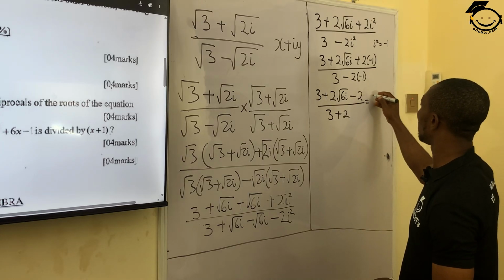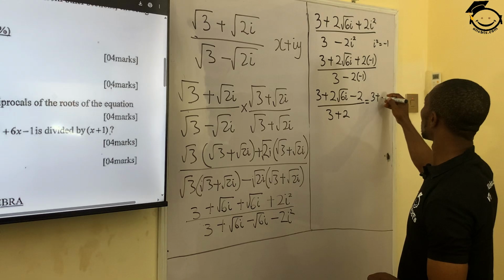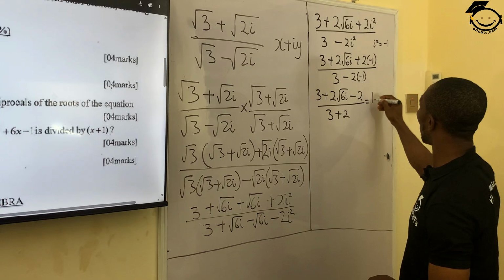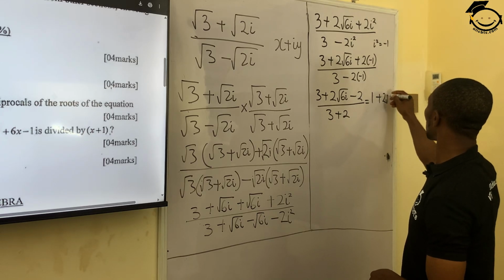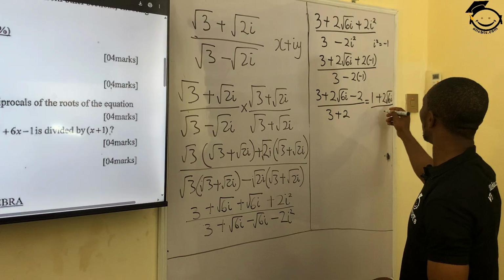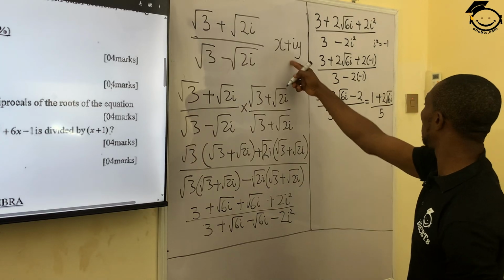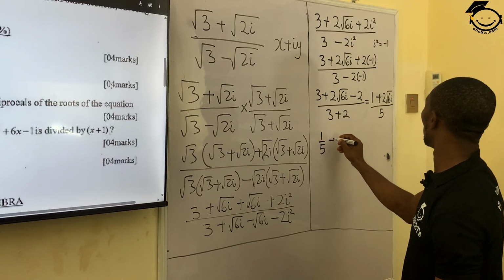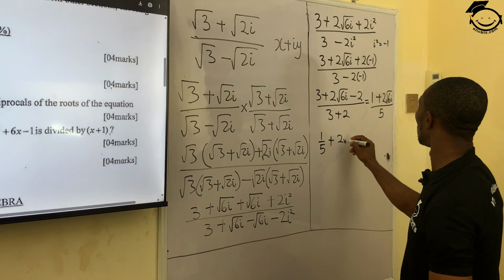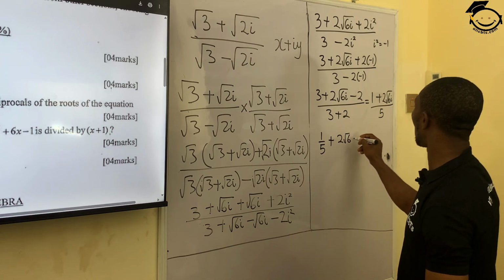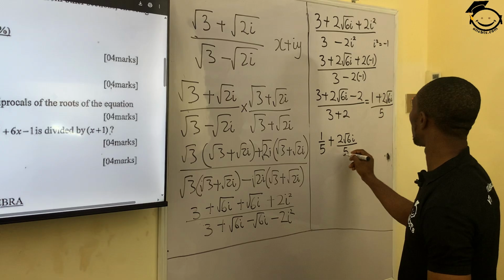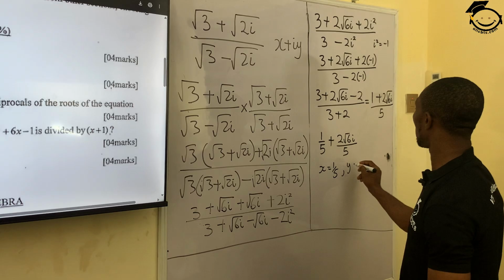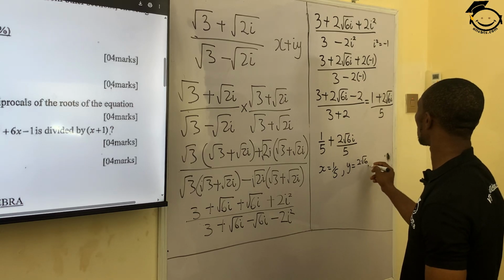So here we will be having 3 minus 2 will give us 1, and 3 plus 2 gives 5. That will be 1 plus 2 root 6i all over 5. So putting it in this form will give us 1 over 5 plus 2 root 6i all over 5. So where our x equals 1 over 5 and y equals 2 root 6 over 5.